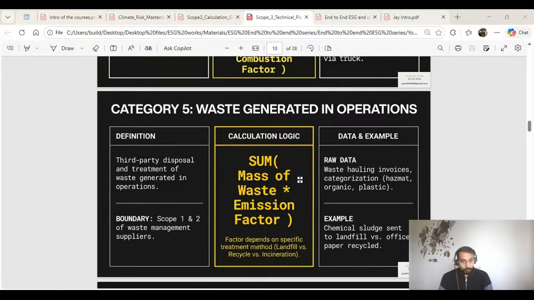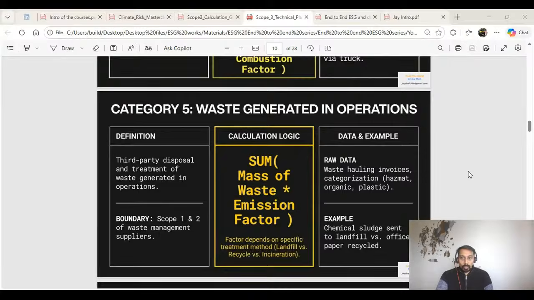Also the contractor invoices, if you assign any kind of contractor for handling all the hazardous waste or any other product waste or e-waste, you can ask for those contractor invoices so that you can get all the waste collected by them. So this category supports overall waste reductions for the circular economy initiative. For that, this emission is very helpful, and overall scope 3 emission reduction is also very helpful.